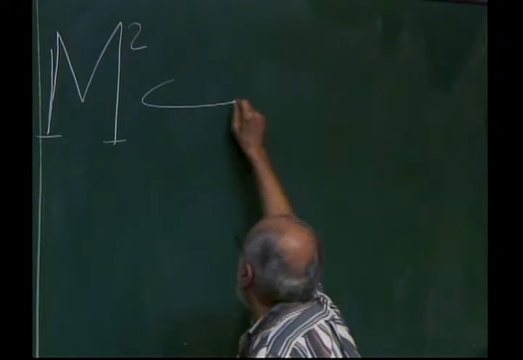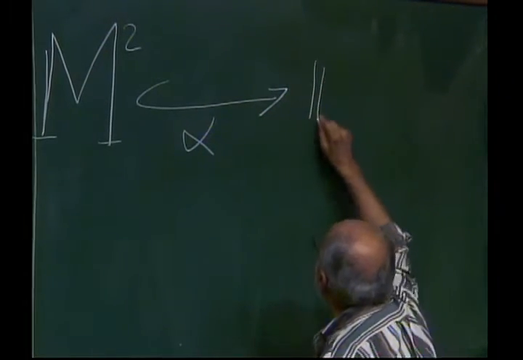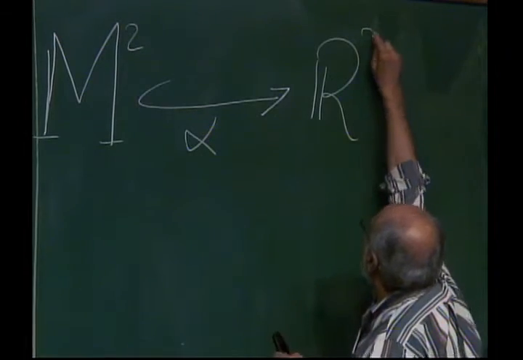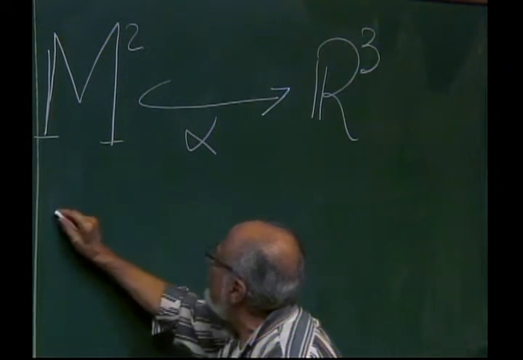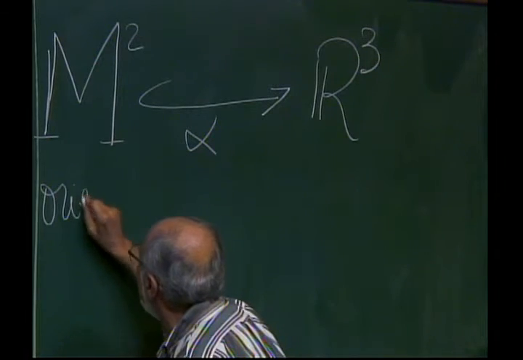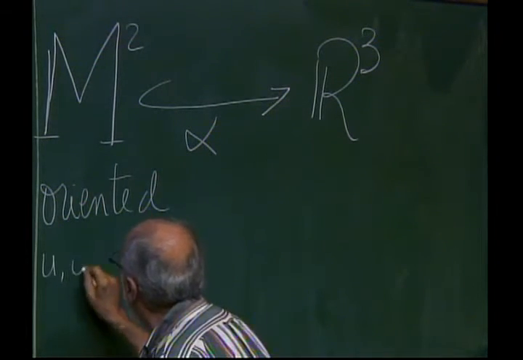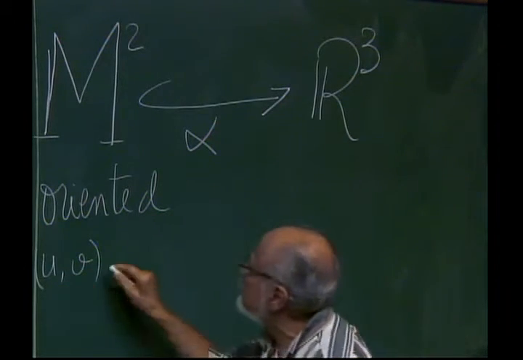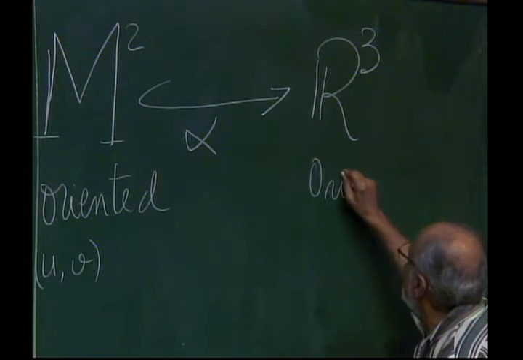We are considering immersions of this manifold into R3. And this manifold is oriented, so you have a way to say when a chart is positive or negative. And this is oriented also.